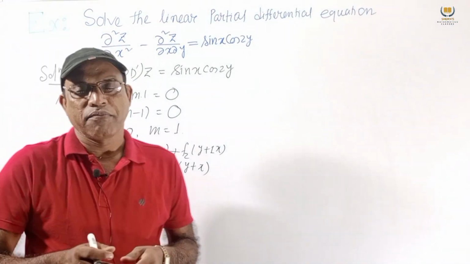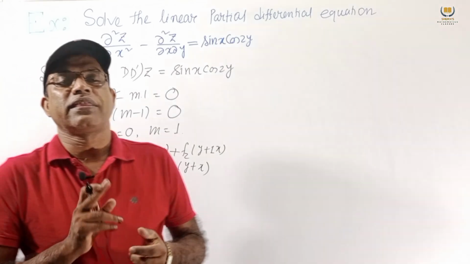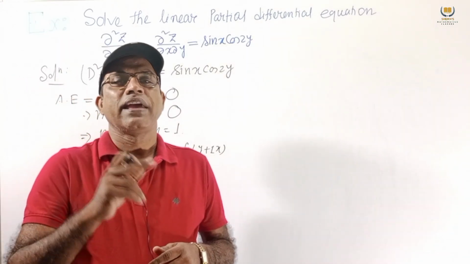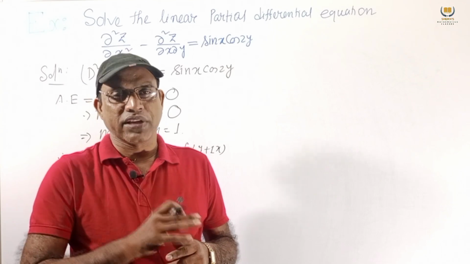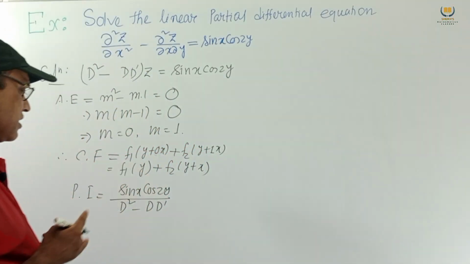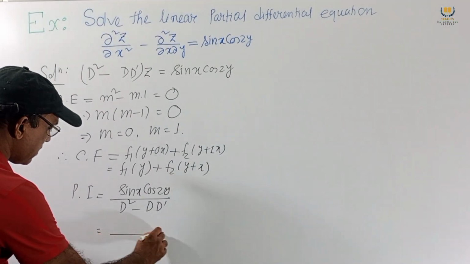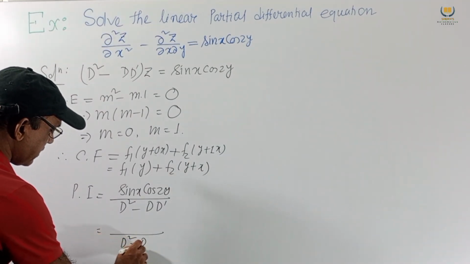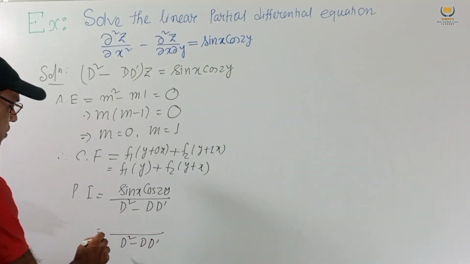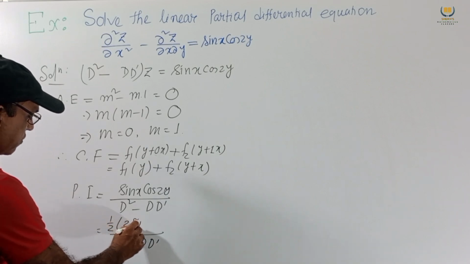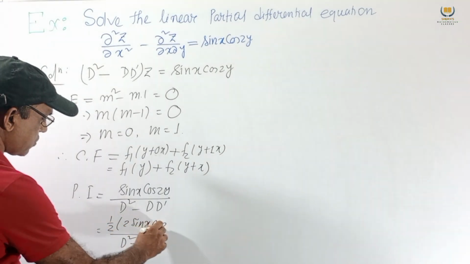When you have to find the particular integral, the trigonometric term, sin or cos, must be in the form of sin(ax+by) or cos(ax+by), or with ax-by. But here we get this one, so D² - DD' remains the same. We multiply by 1/2 here and write 2 sin x cos 2y.